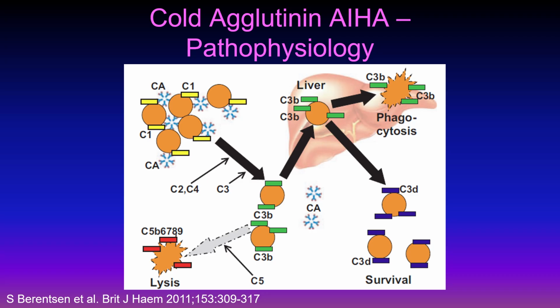When the red cells go back into your central circulation from your fingers, the antibody comes off, and the red cells are coated with complement, and they're directly destroyed in the liver in most situations, but they also can be destroyed in your circulation when more complement gets added to the red cell, and you can actually lyse some red cells inside your circulation.